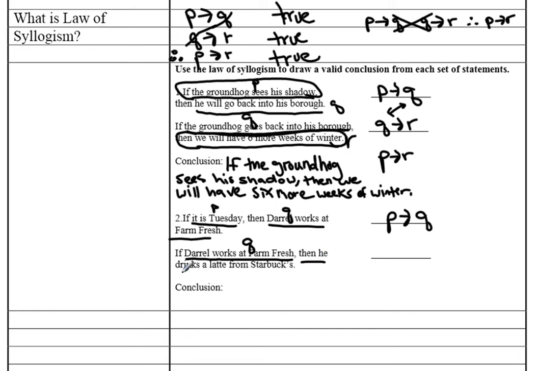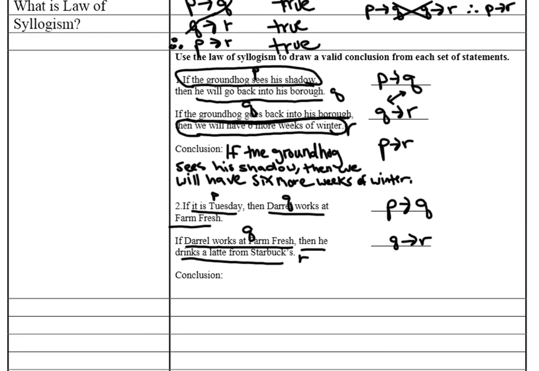Then he drinks a latte from Starbucks. That's R. We haven't talked about Daryl drinking a latte from Starbucks, so we call it R. So now, based on the example we just did, I'd like for you to pause the video and write the conclusion based on the law of syllogism. So pause the video and write down your answer.